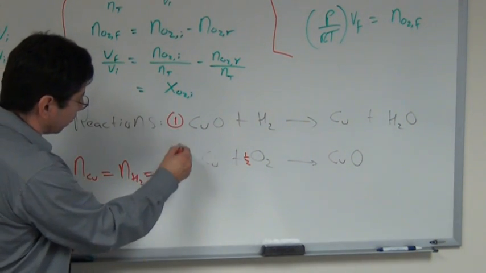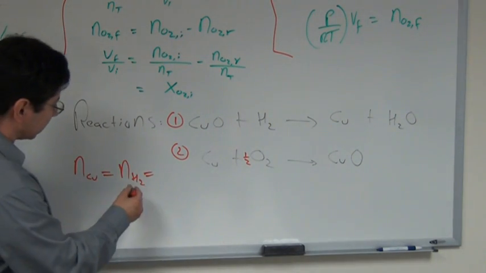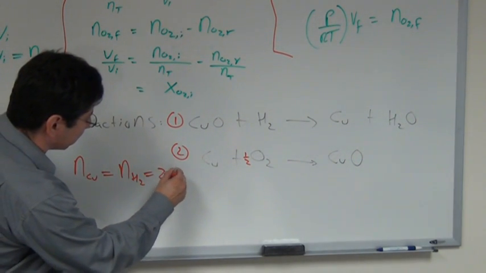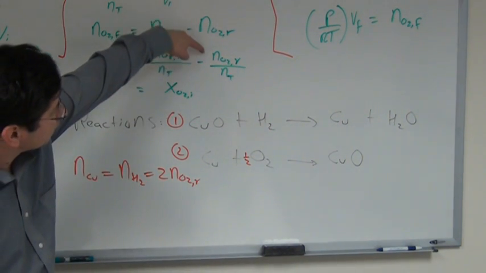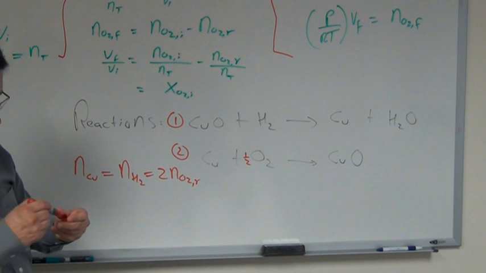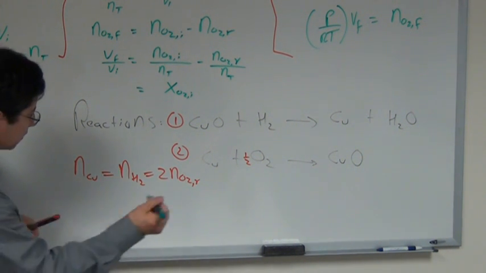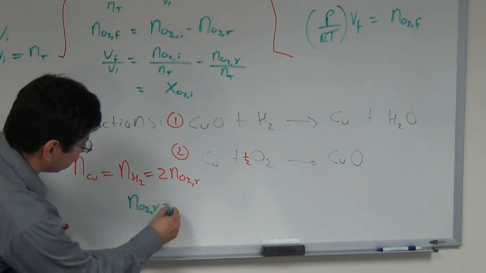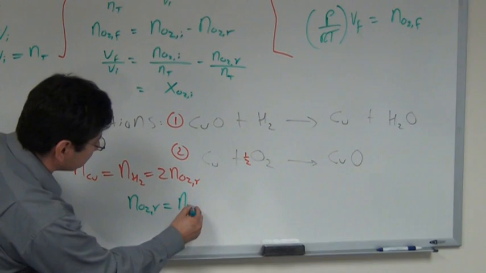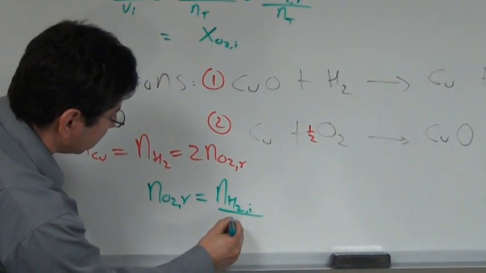We call this reaction 1 and reaction 2 for the second reaction. So then we can say that this is equal to 2 times the number of moles of oxygen that reacted. This is the desired relationship because you can solve for the number of moles of oxygen that reacted equal to the number of moles of hydrogen present initially divided by 2.